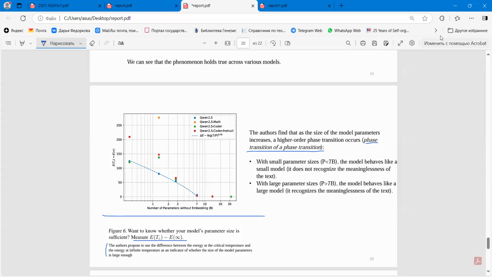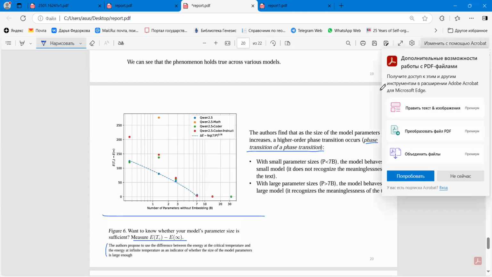They just said that, as you increase the size of the model, at some point the model will behave differently at larger temperatures. The description of behaving differently was that it will recognize that it's producing nonsense versus not recognizing that it produces nonsense. Well, I think it will always recognize because you can just study this curve. I mean, I don't know if the model will recognize it, but you can study this curve and see that it has the sharp discontinuity going downwards.